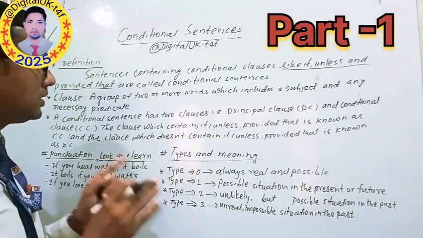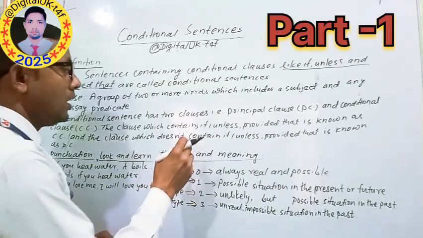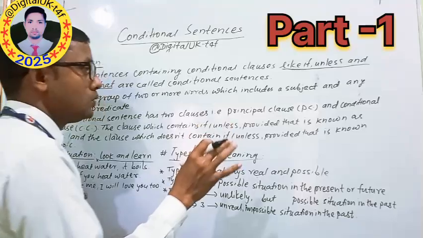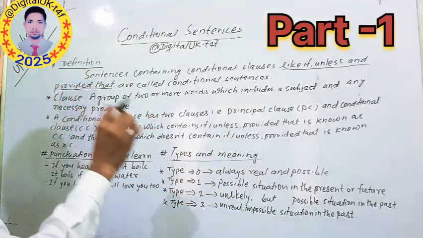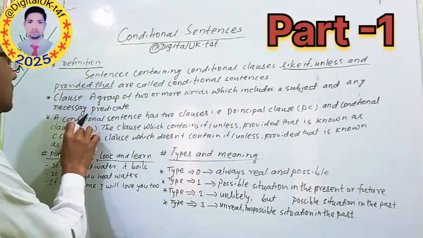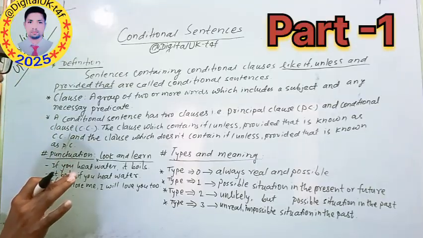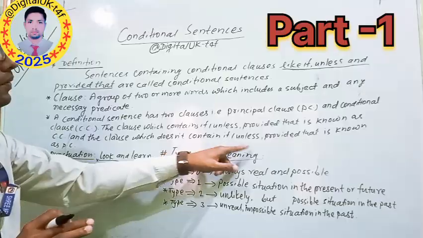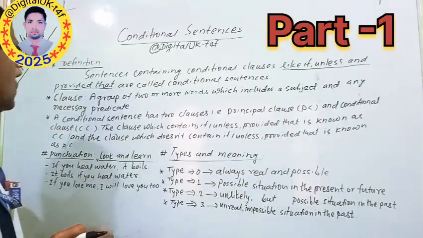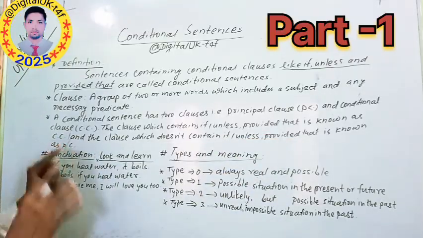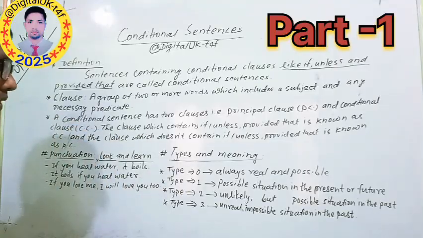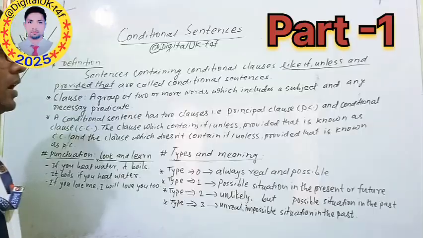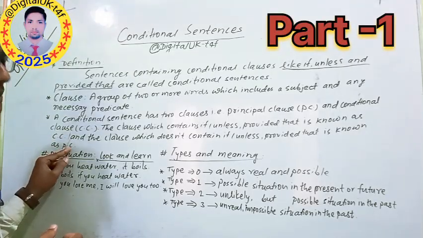So whichever part of a sentence, whenever you get if, unless, or provided that, you should know that clause is the conditional clause, CC. And then the clause which does not contain if, unless, or provided that is known as PC. So the remaining part of the sentence, where you will not get if or unless or provided that, will be known as PC, that means principal clause.